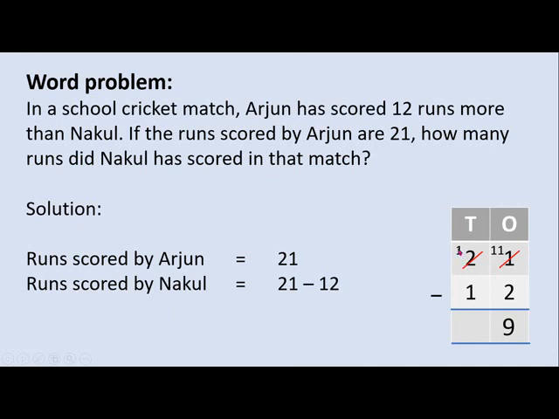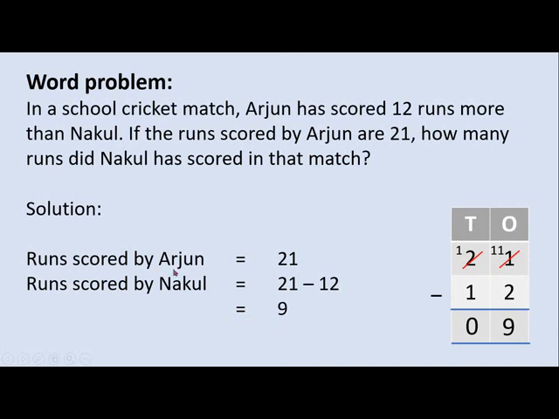So when you subtract 1 from 1, you will get 0 as the difference. Any number subtracted from itself gives you 0. So here we got 0, 9, which is nothing but 9. So what is 9 in this problem? 9 here in this problem is runs scored by Nakul. Therefore, the runs scored by Nakul is equal to 9.